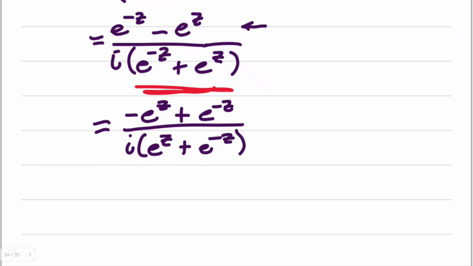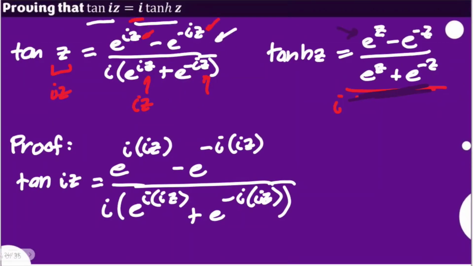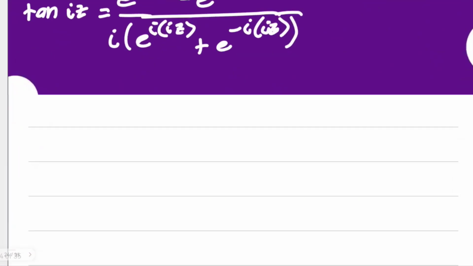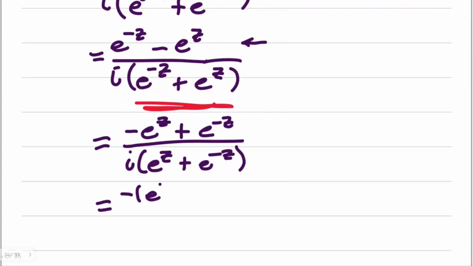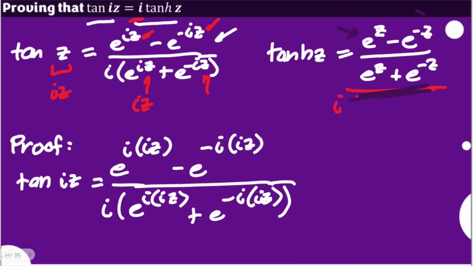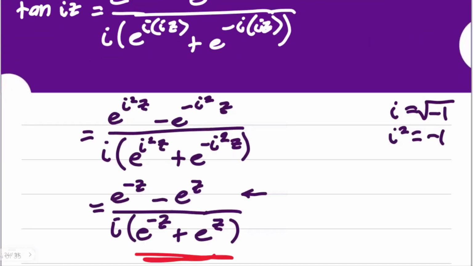Now, I mentioned I'm going to factor negative 1 on our numerator because my target is negative here. As I factor that out, I have positive e to the power of z minus e to the power of negative z, which fits this idea now. So we factored negative 1 for that.